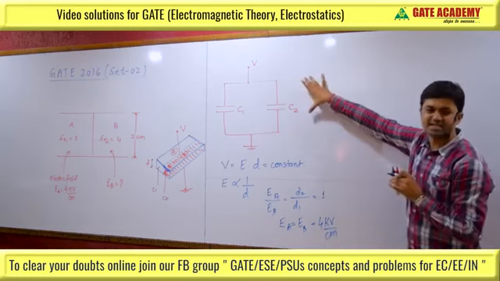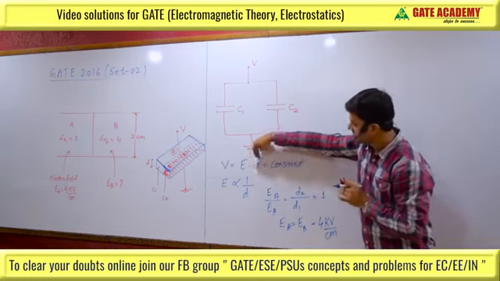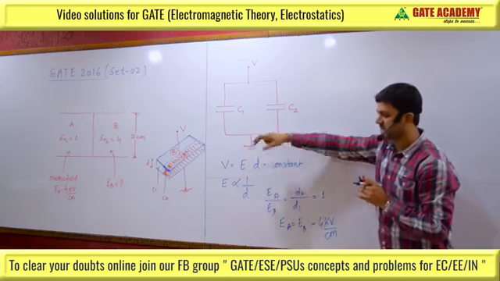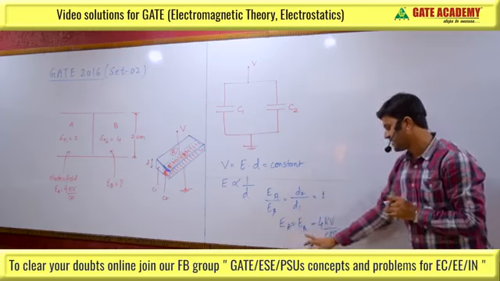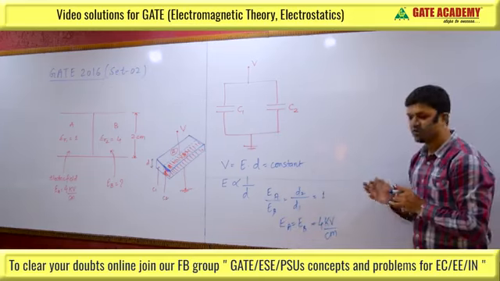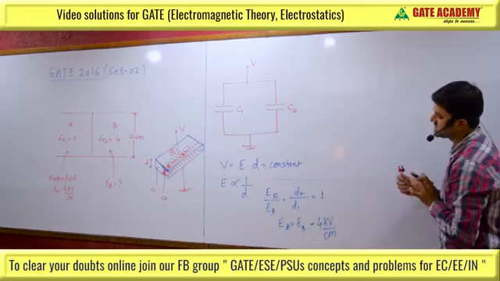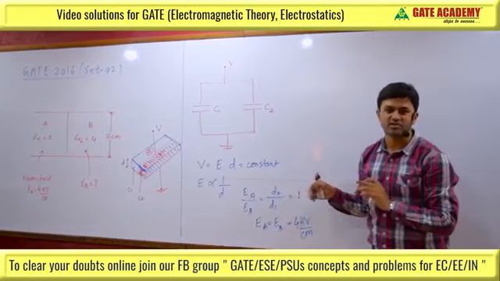Because the potential is the same, there is a relation between E and D, and because D is the same for both the capacitor, the electric field will remain the same, that is 4 kilovolt per centimeter. So this is one method by which we can solve this question.